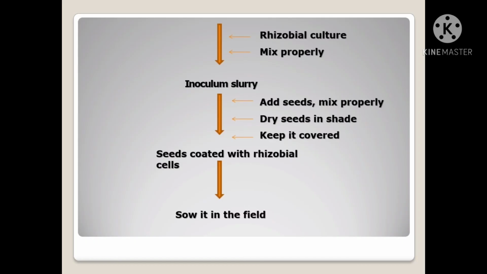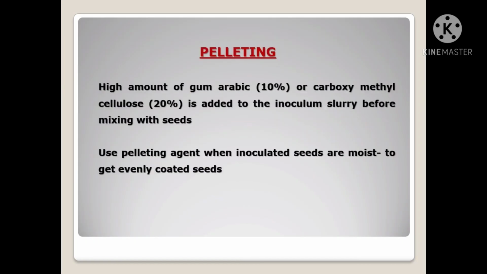Thereafter dry the seeds in shade, and while drying keep it covered. Now the seed coated rhizobial cells are ready to sow in the field. There is another method called pelleting. This method is also used for seed treatment.